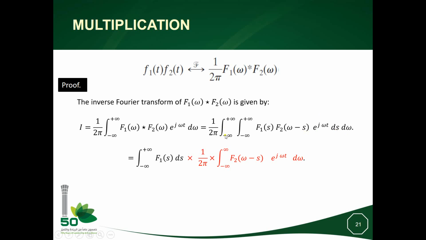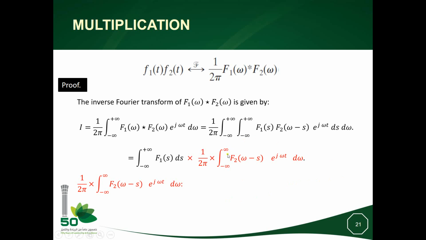Right. So I can reverse the order of integration. So I will put F1 of s here, ds, and I will put 1 over 2 pi multiplied by this quantity. Here I am seeing something interesting: this quantity is the spectrum of F2 delayed in the frequency domain by a quantity s. And this is exactly what we have seen before.